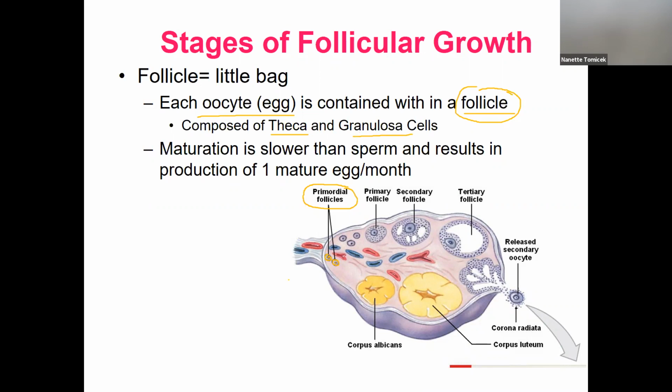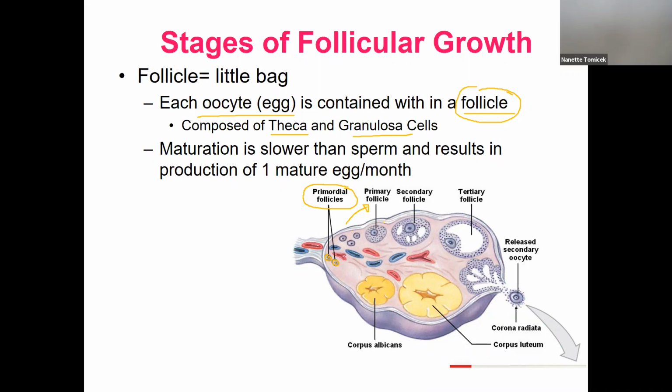Okay, so that follicle, the primordial follicle, every month a few primordial follicles will start to mature and become primary follicles. This figure is very simplified. Okay, so it's not just one primary follicle, there's going to be a whole batch of them, like 40.